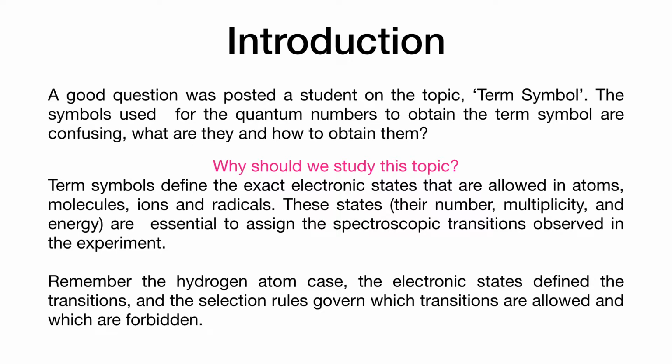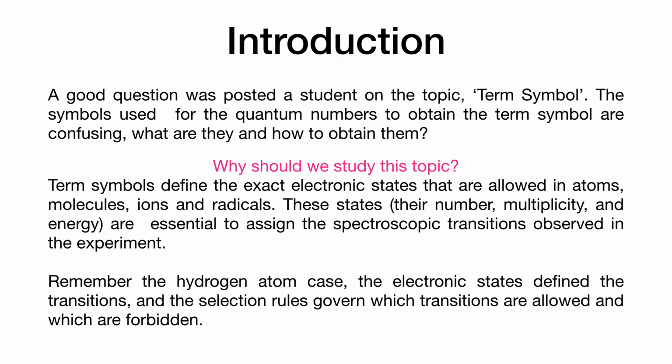We know precisely the values of these vectors, but not their directions, because the uncertainty principle requires that when you know precisely the value, you cannot know the direction, or there will be some uncertainty in the directions. So the total angular momentum, orbital angular momentum, and spin angular momentum for each electron is defined.